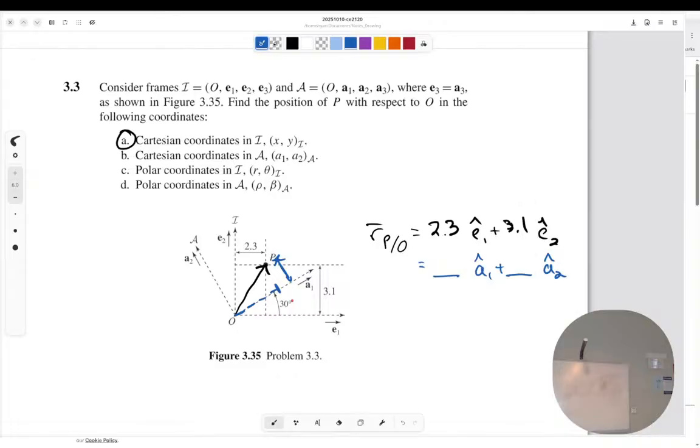Are you trying the rotation matrix again? Yeah. It's kind of taking a step back. Very good.